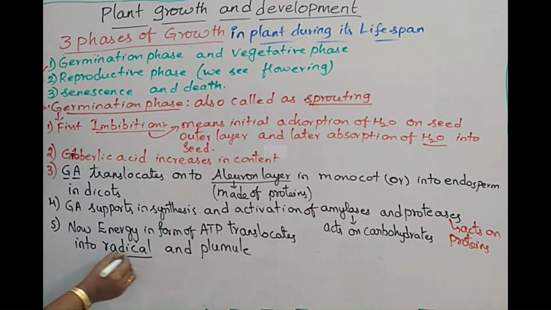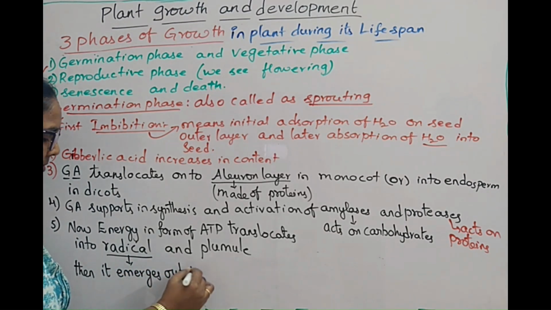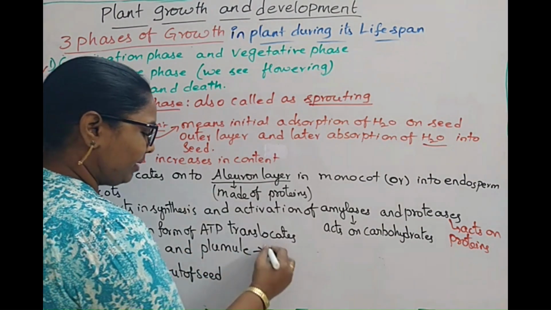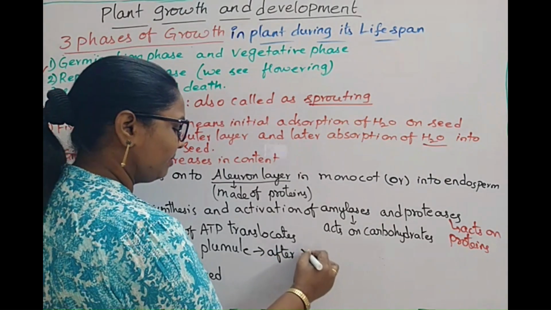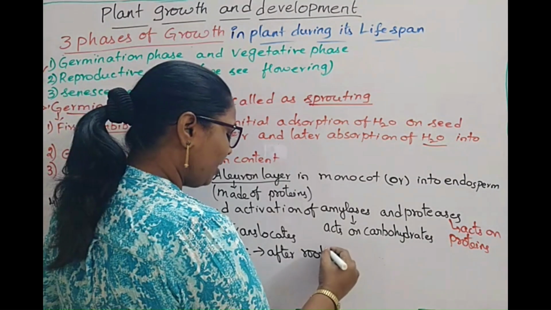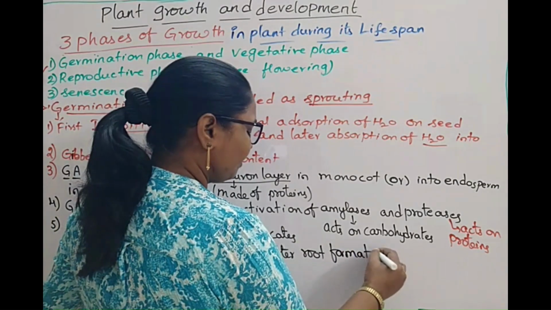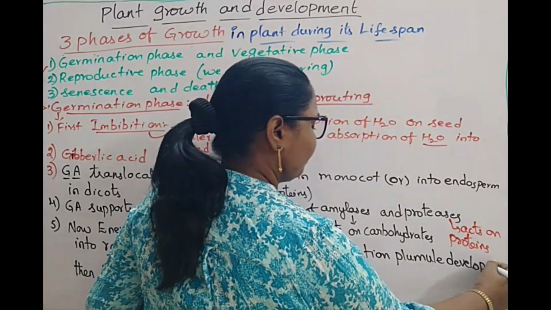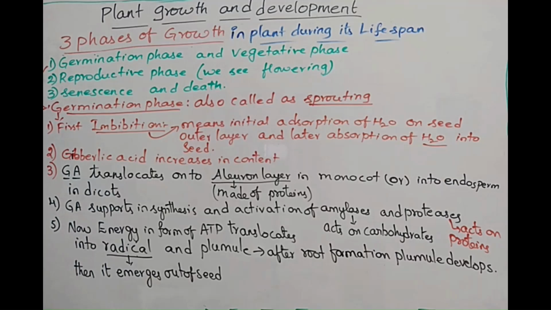So when energy has reached the radicle, then it emerges out of the seed. After emerging of radicle from the seed, then plumule starts developing, because we know that radicle is nothing but the root part. After root formation, plumule develops. So this is about germination phase.